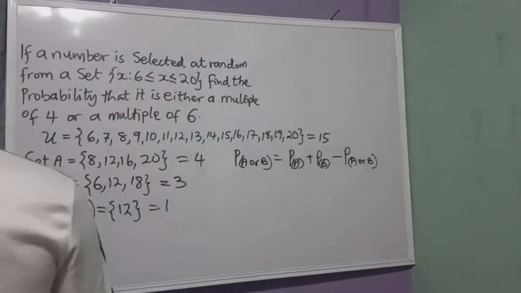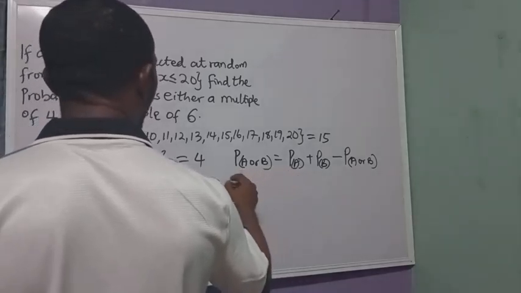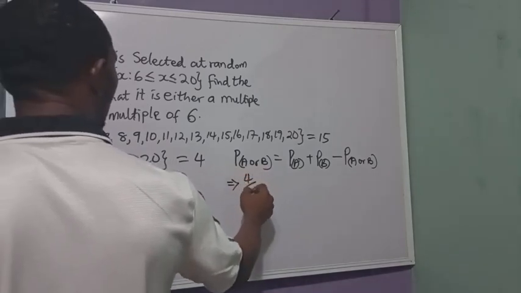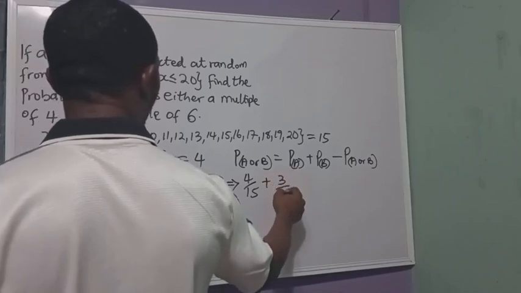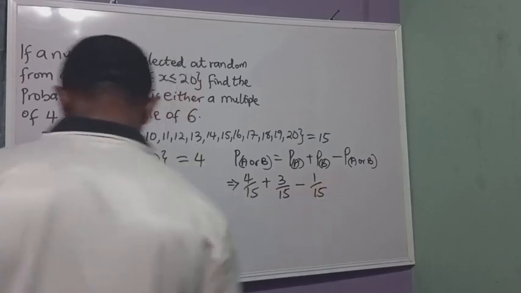Now, this is where we are going to apply this. Our probability of A will become 4/15 plus 3/15 minus 1/15.